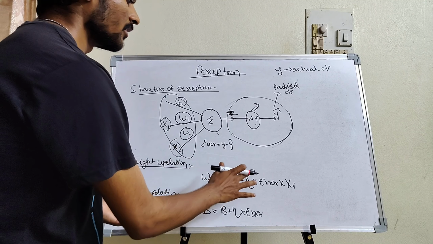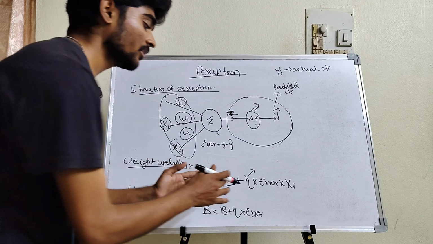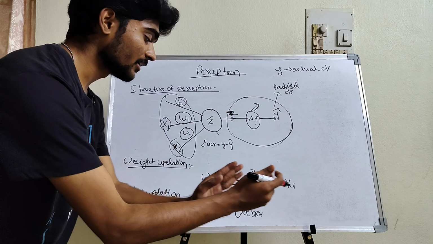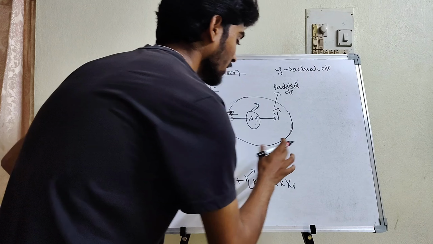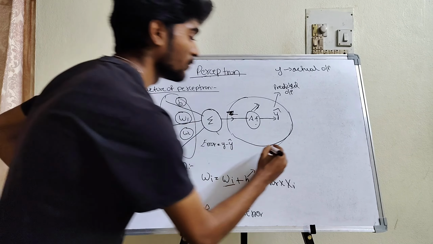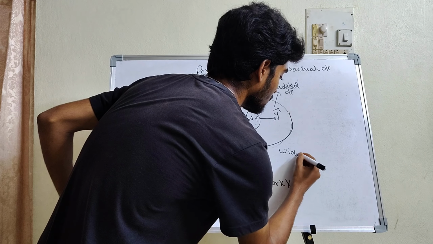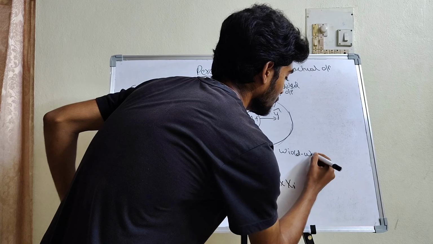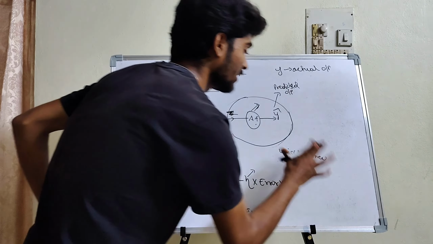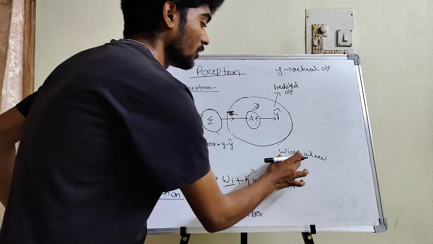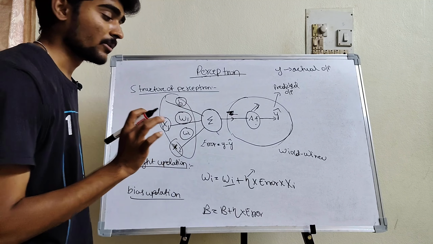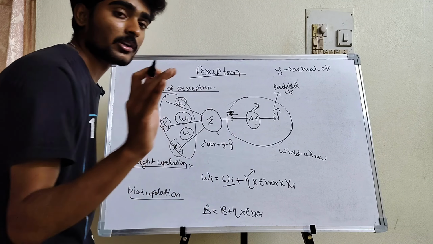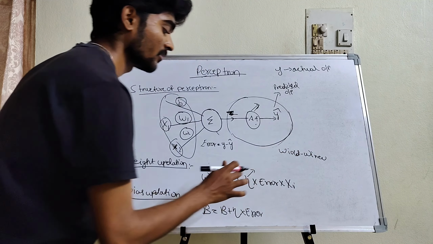So when your learning rate is higher, the weight updation is greater, meaning wi old minus wi new will be a greater value, so the old weight and new weight will have a larger difference. But when your learning rate is smaller, this difference will be less.